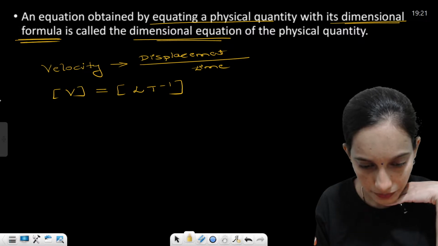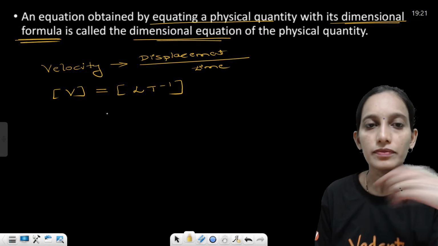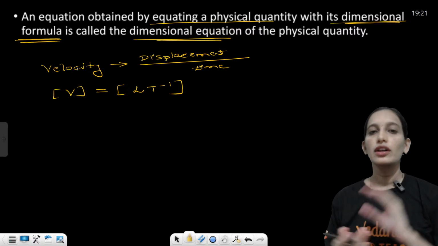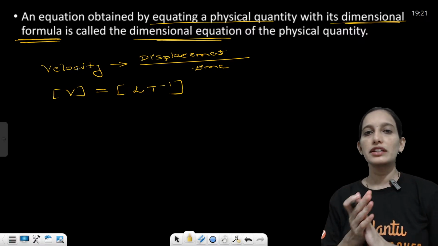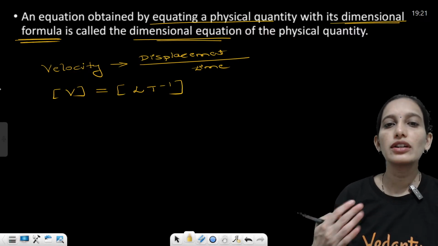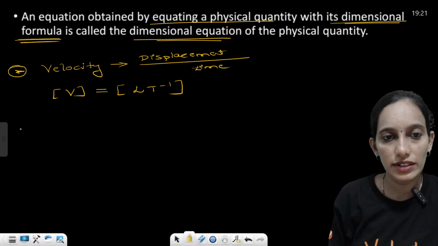Okay. So, coming to the point here, that is dimensional equation. So, a particular physical quantity equated with its dimension, that is called as dimensional equation. Okay, so let us try to learn some dimensions of some simple physical quantity like velocity.